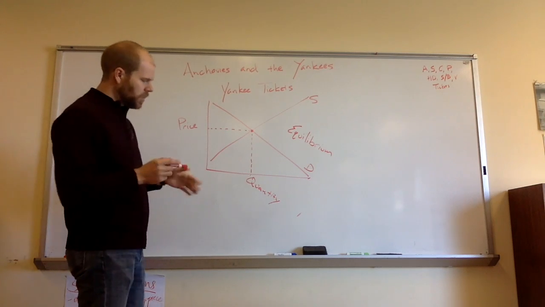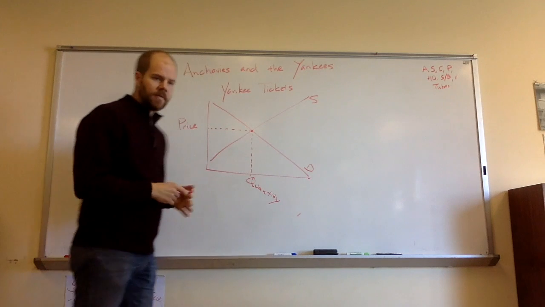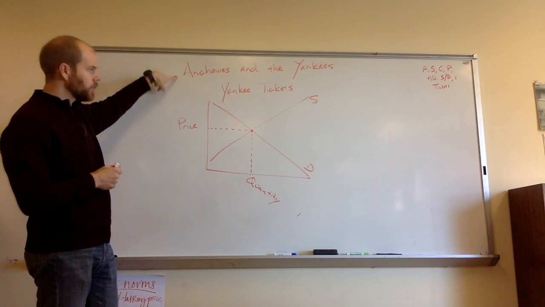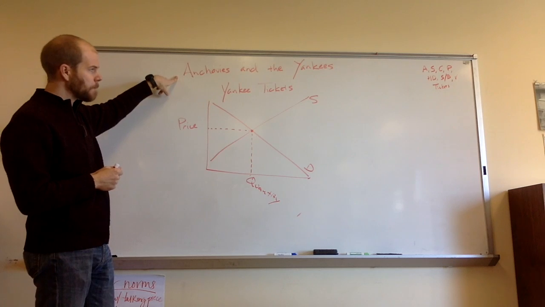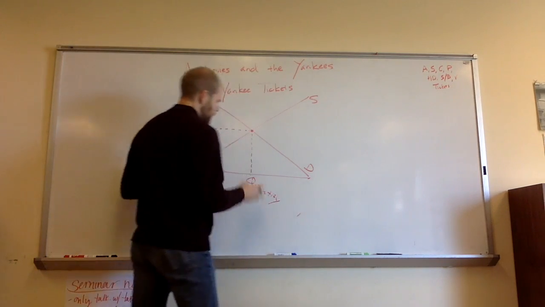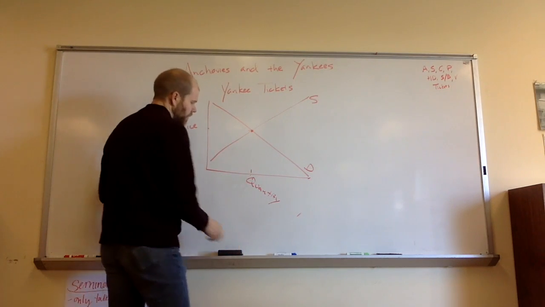Okay. Really quickly, we're going to look at what kind of an event could possibly happen with anchovies that would reduce the demand for Yankee tickets. Why in the world are Yankee tickets, baseball game tickets, and anchovies related? We'll find out in a minute.